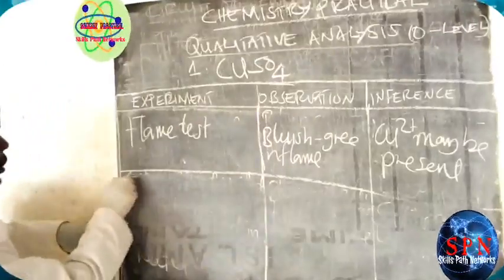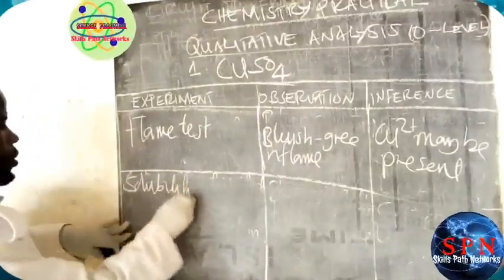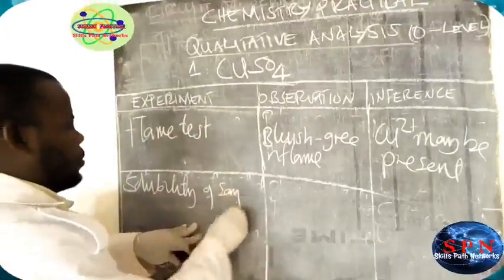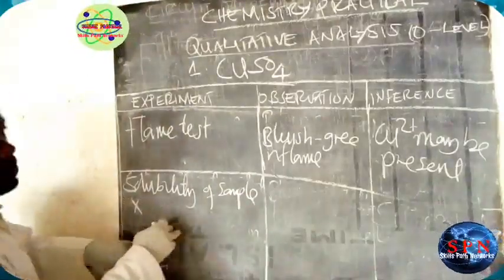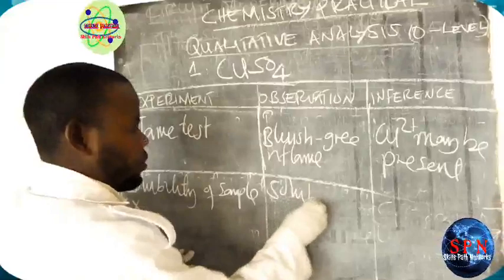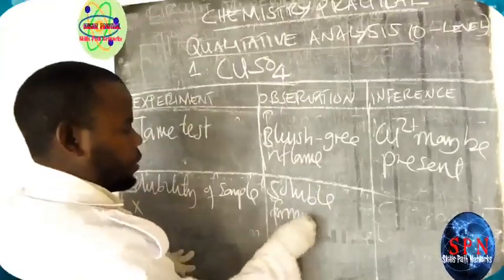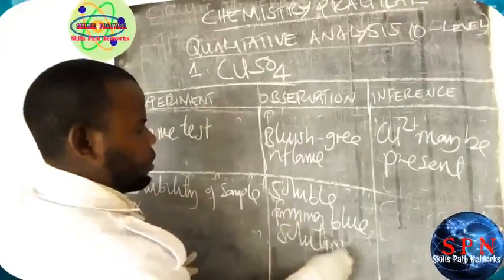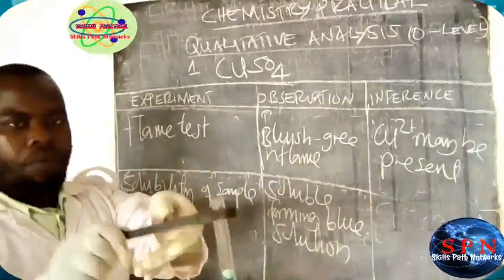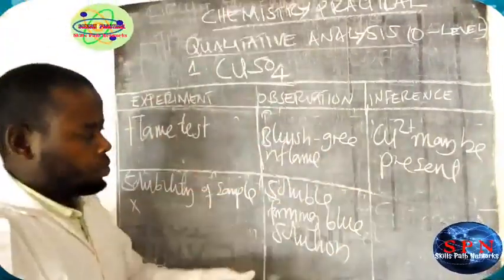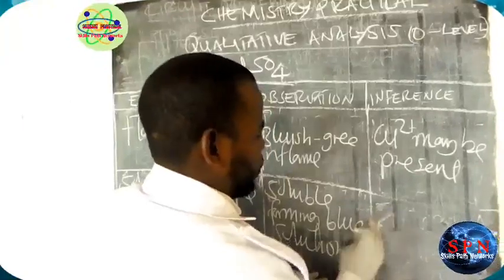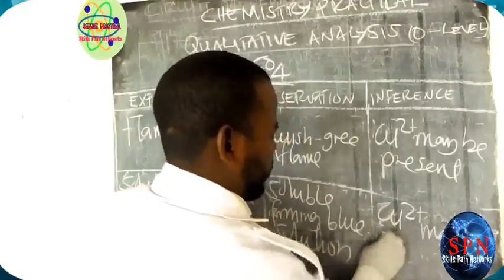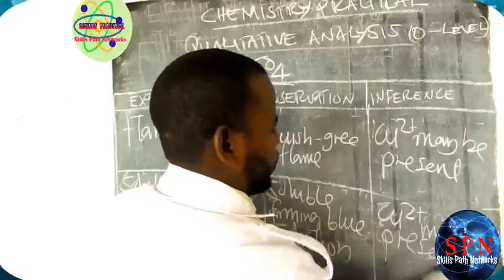So the solubility of sample X: soluble, forming a blue solution, and it indicates that copper 2 may be present.